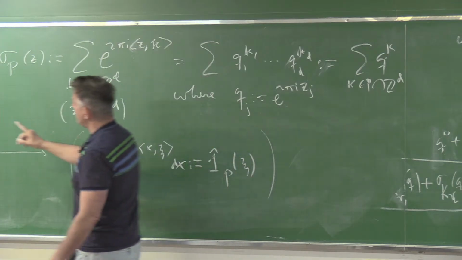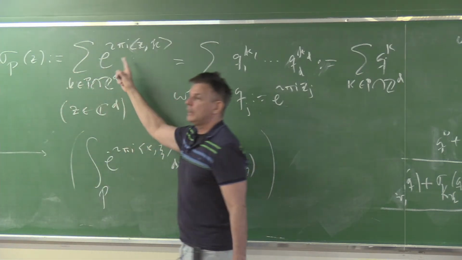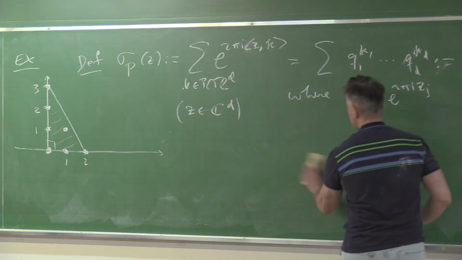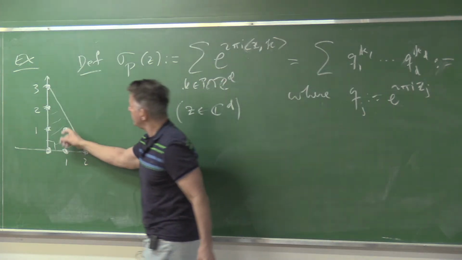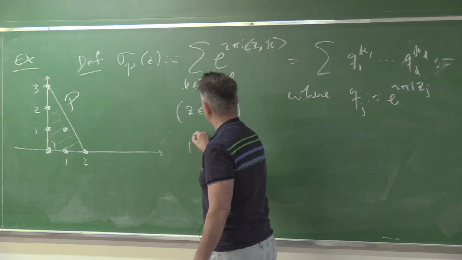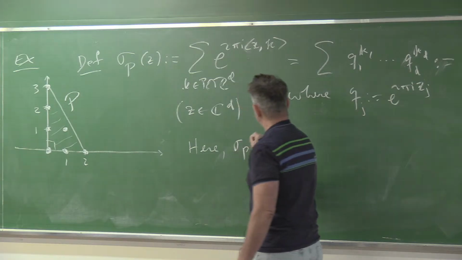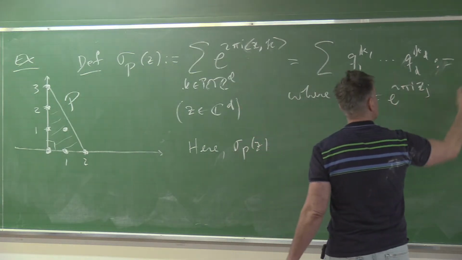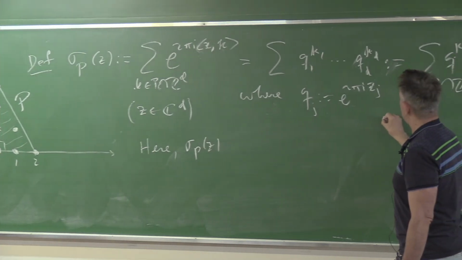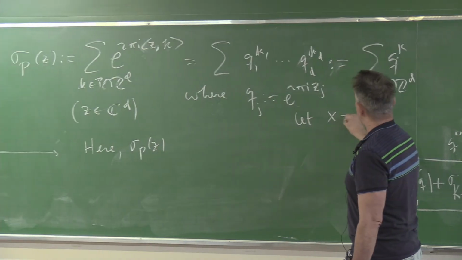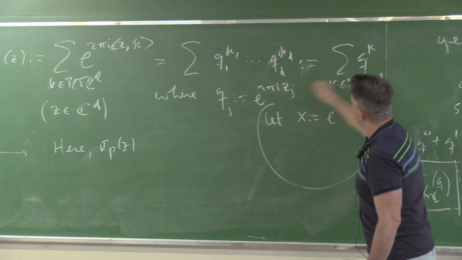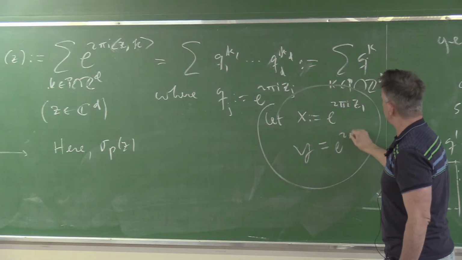All right, so let's go back to this triangle and use this encoding. This is called the integer point transform, and it encodes all the points in the polytope, in this case, this triangle. So here, sigma p of z, and we're in 2 dimensions, so I'm going to let x be e to the 2 pi i z1, and I'm going to let y be e to the 2 pi i z2, just to make things faster.